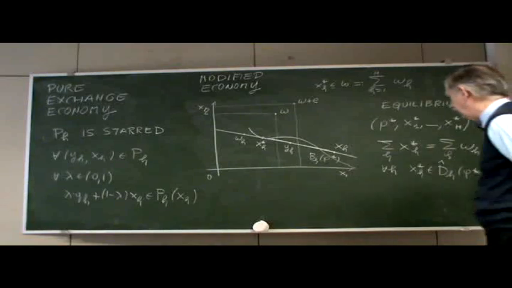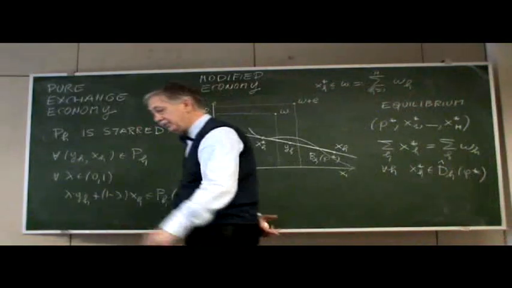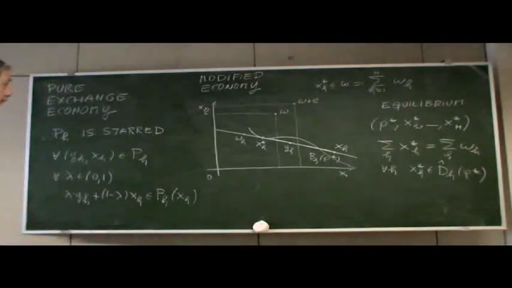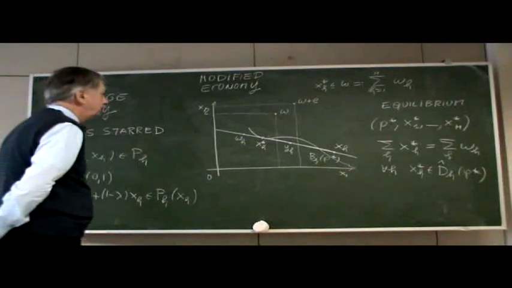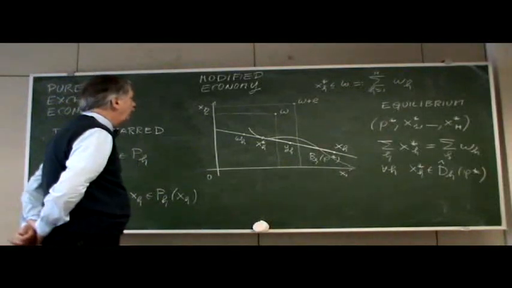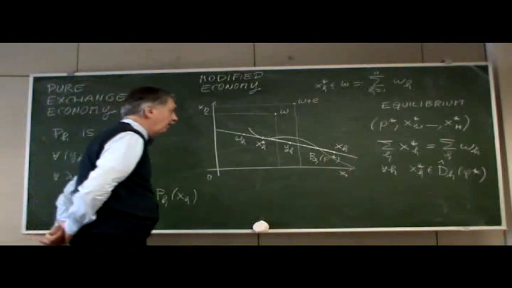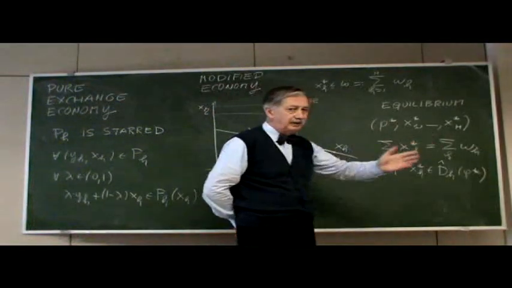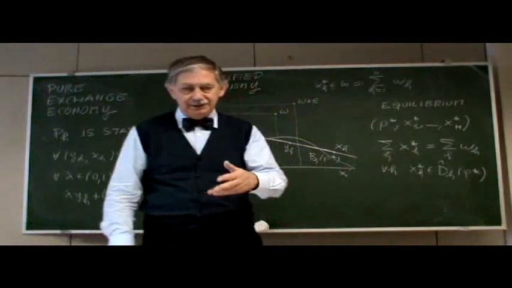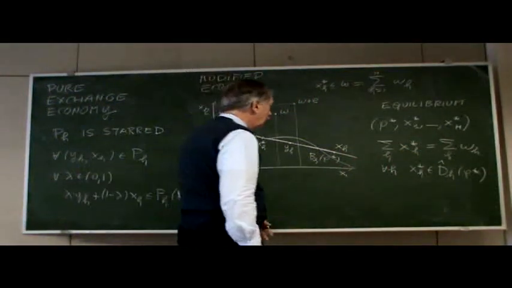I repeat the illustration, so to speak, of a proof. Consider our modified economy. An equilibrium for that economy is defined in the same way as the traditional one.